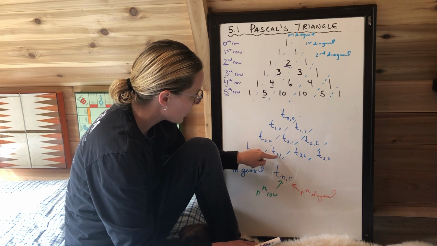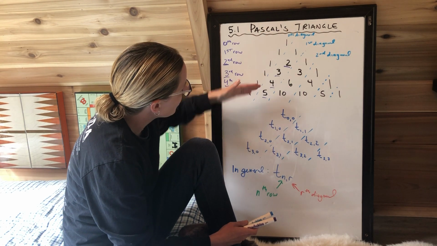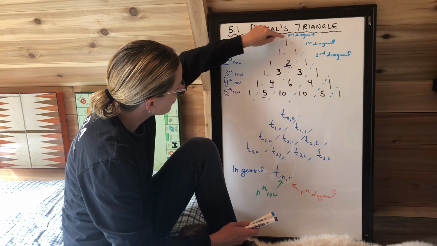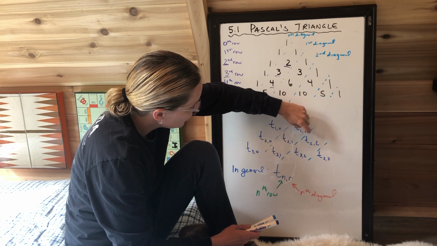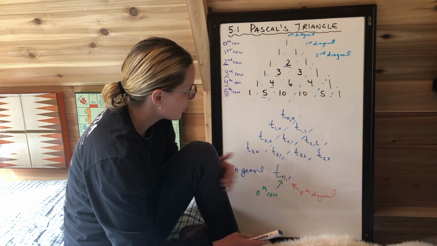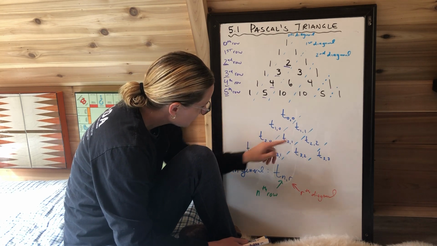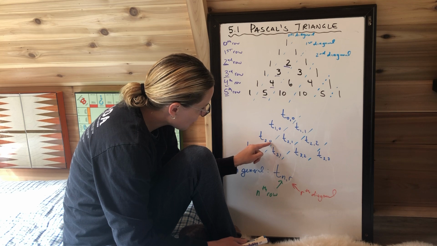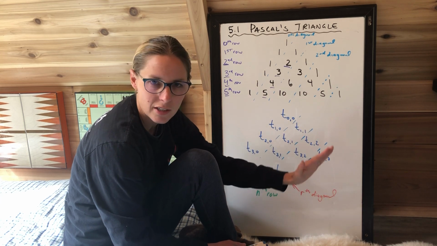In the third row, they all start with a 3. The second number is going to be the diagonal you're in. So remember, this first diagonal is called the 0th diagonal, 0, 0, 0, 0. The first diagonal, 1, 1, 1. Second diagonal, 2, 2. Third diagonal, 3, so on and so forth. Every row should start with the same number, but the second number will continue to increase by 1 as you go into the next diagonal, the next diagonal, the next diagonal.